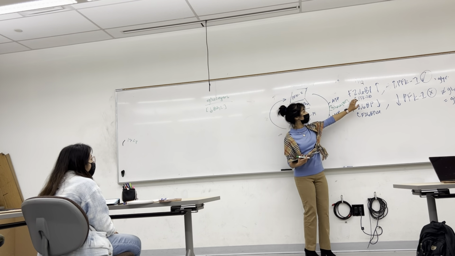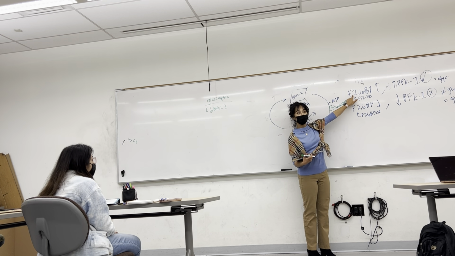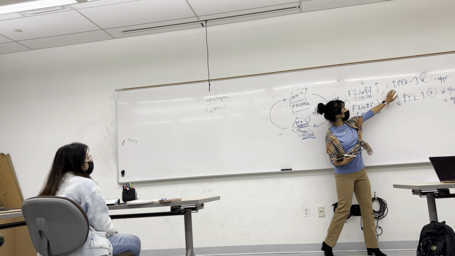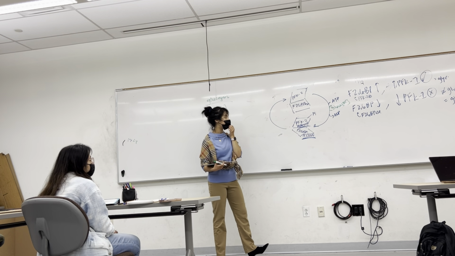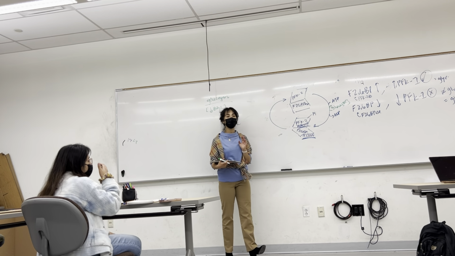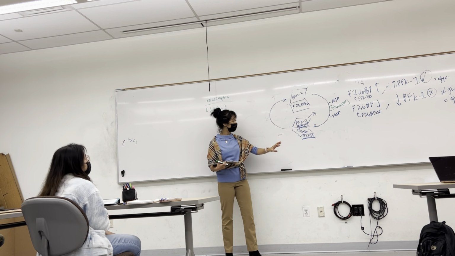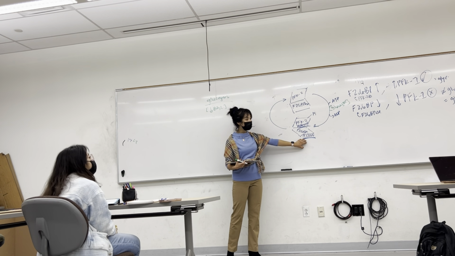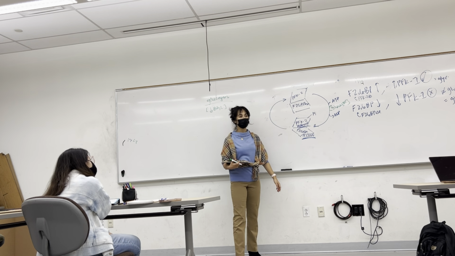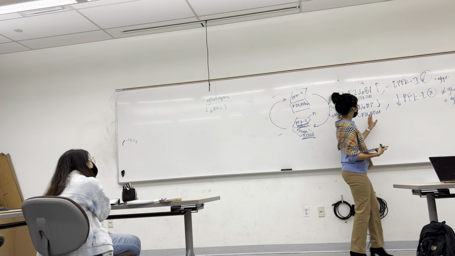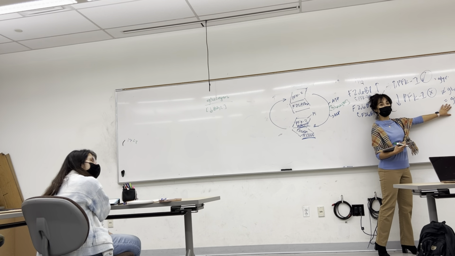Because I told you that PFK2 causes an increase in fructose 2,6-bisphosphate, which allows for glycolysis. But if glucagon is saying that you can't do glycolysis, then this enzyme would not be activated. So we're going to activate fructose 2,6-bisphosphate. What this is saying is go do something else, aka go do gluconeogenesis, right?